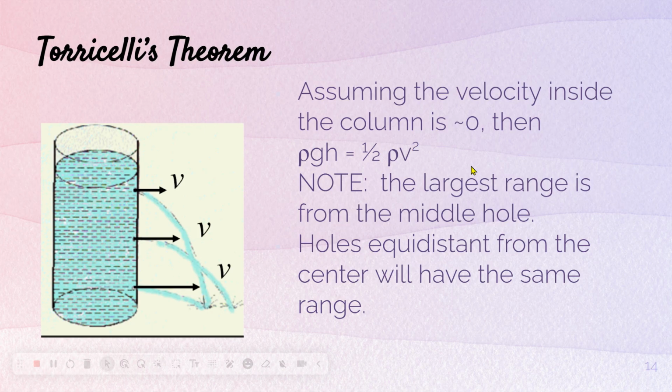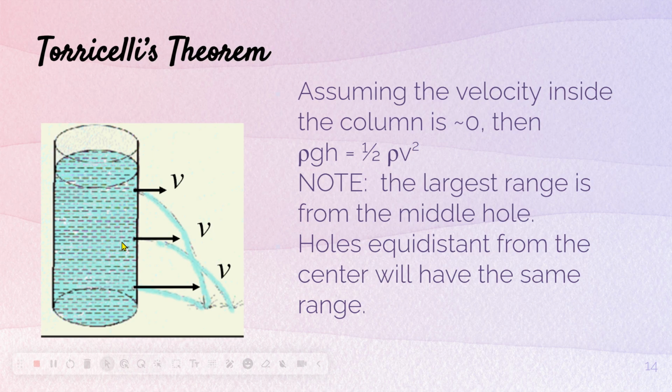This is the drill we did yesterday, and I tried to say that I needed to really change the question. The largest range is actually from the middle hole. And the top and the bottom ones, if they are equidistant from that middle hole, will go the same distance. And this is the same as when we did, like if we kicked a ball at a 45-degree angle, that was the ball that was going to go the farthest.